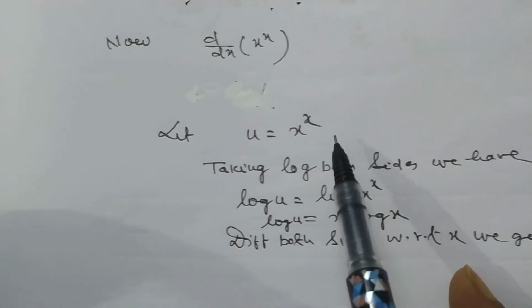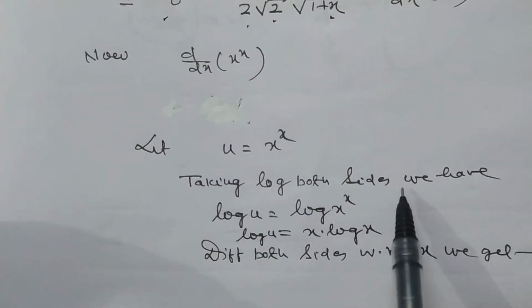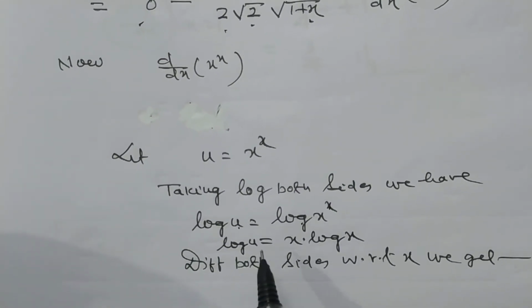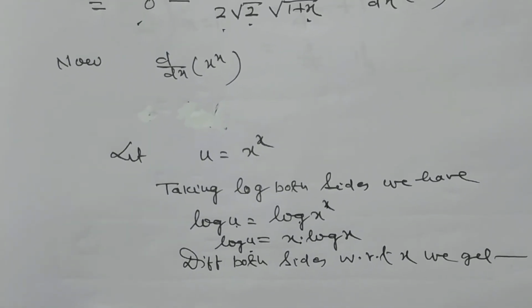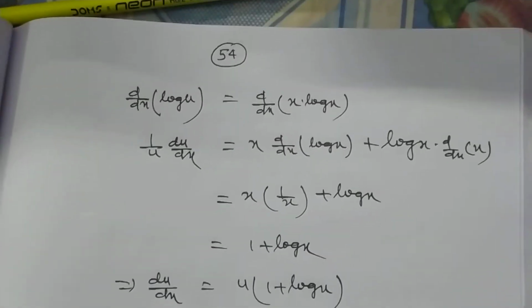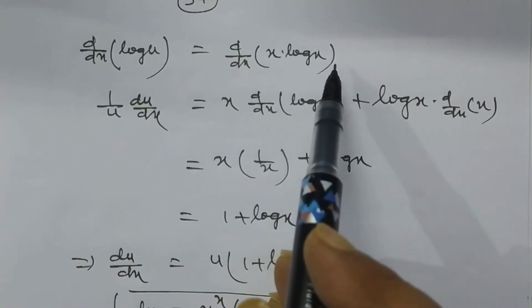Let u is equal to x to the power x. Then taking log on both sides, we have log u is equal to log of x to the power x, so log u is equal to x into log x. Differentiating both sides with respect to x, we get d by dx of log u is equal to d by dx of x into log x.